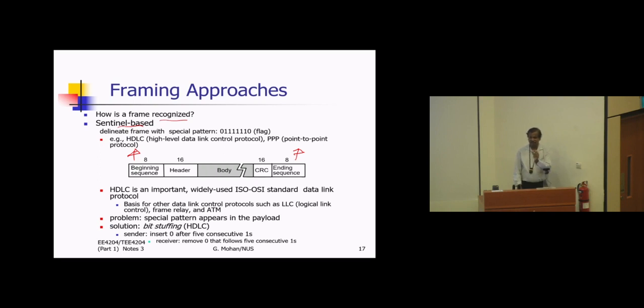Conceptually, a flag means a special bit pattern which is sent by the adapter in the beginning of the frame. Let's say the sending adapter wants to send a frame. First, it sends a special bit pattern which marks that this is the beginning of the frame. The special bit pattern normally used is 0 followed by 6 ones followed by 0.